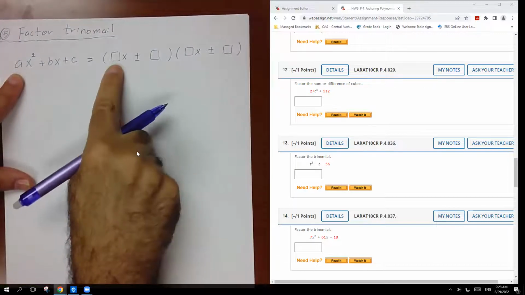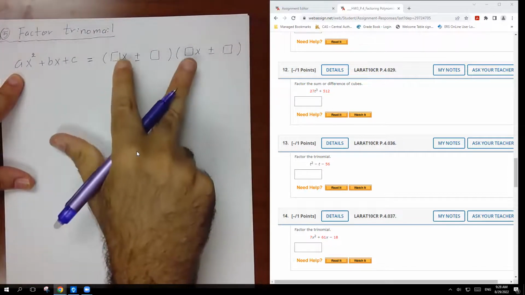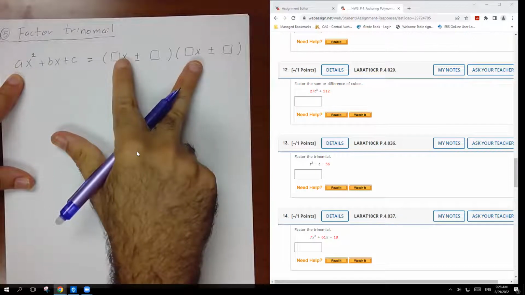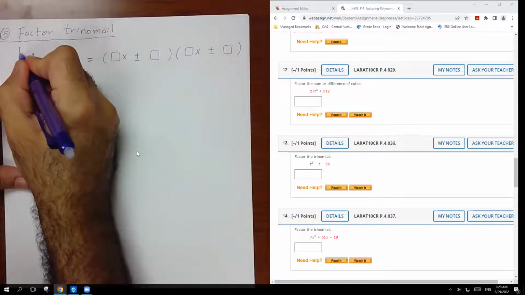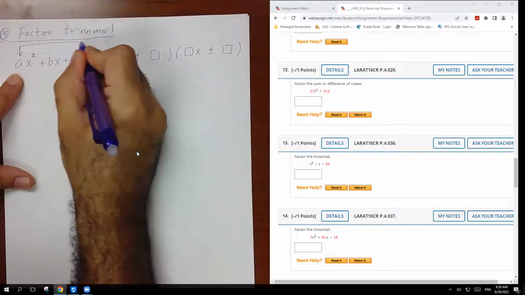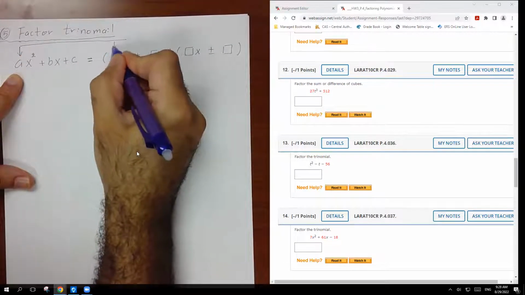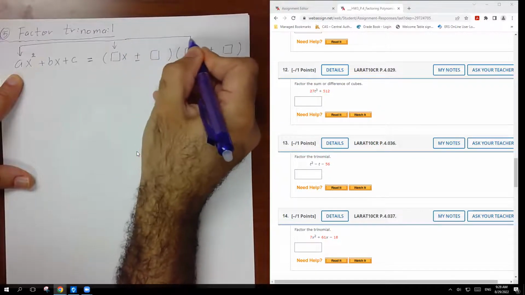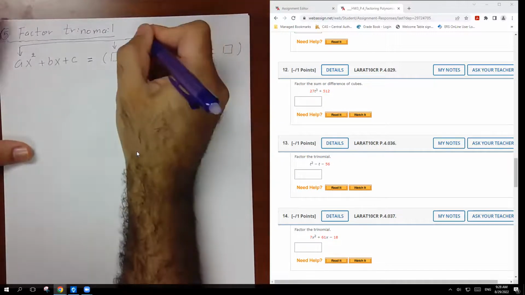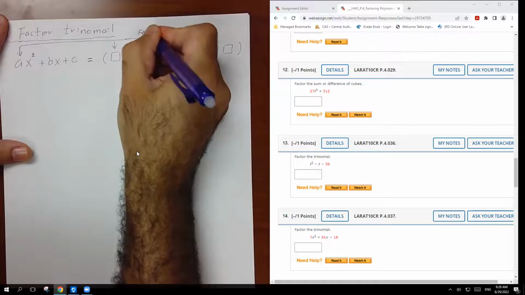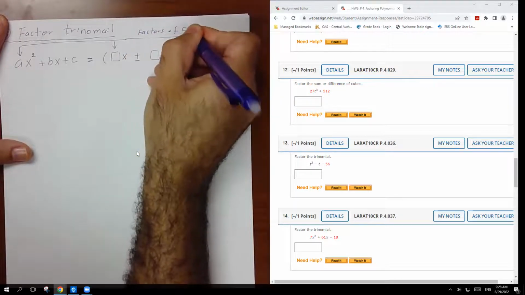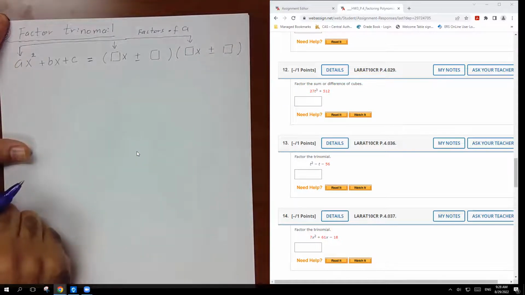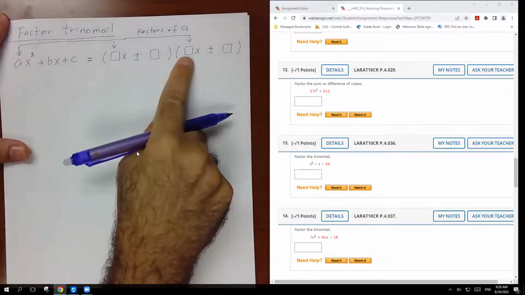So what I'm going to put here on these two numbers, the factors of a is going to be 1 here and the other one here.